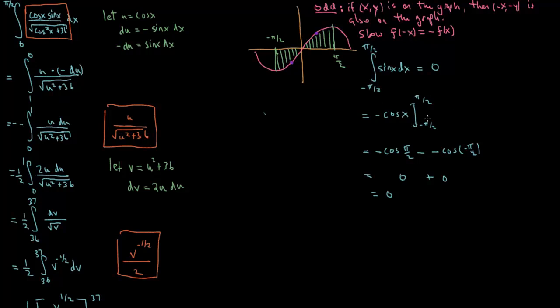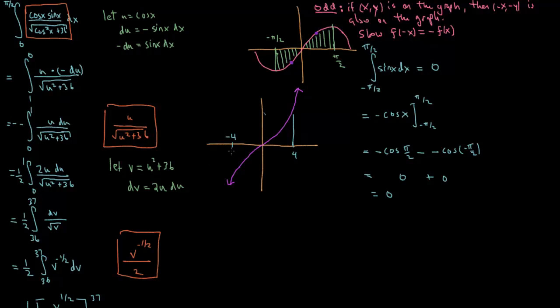For instance, let's just look. I won't work it out, but if you have, say, the polynomial x cubed, so x cubed looks like this. Okay, it's symmetric with respect to the origin. It's an odd function. So let's say we were integrating from negative 4 to positive 4.